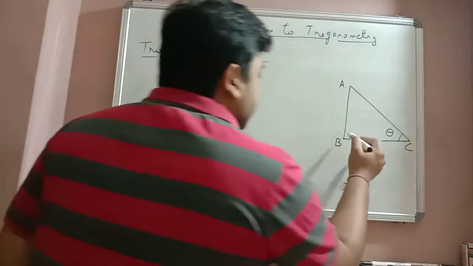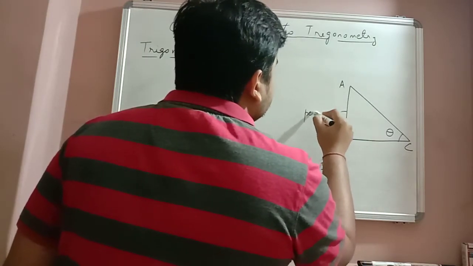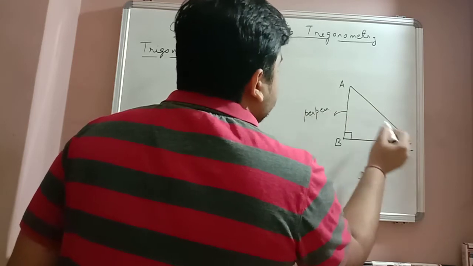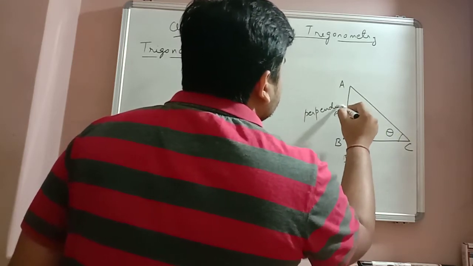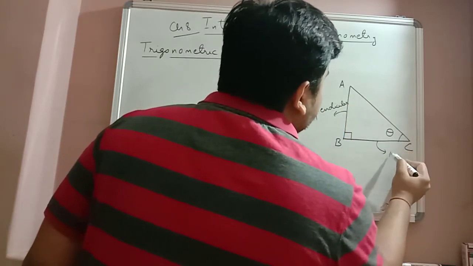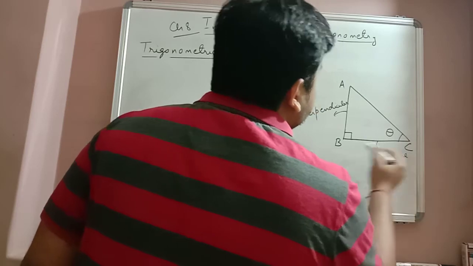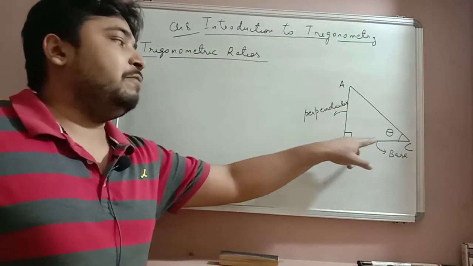So automatically my perpendicular will be AB, that is the side opposite to the angle, and my side adjacent to the angle will be the base, that is BC. So my base will be BC and perpendicular will be AB for angle theta.